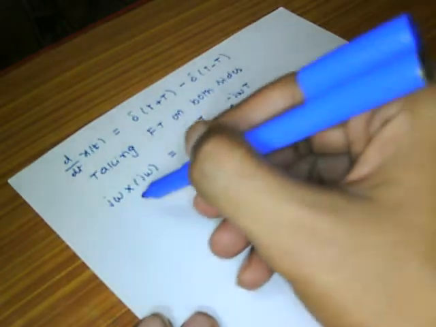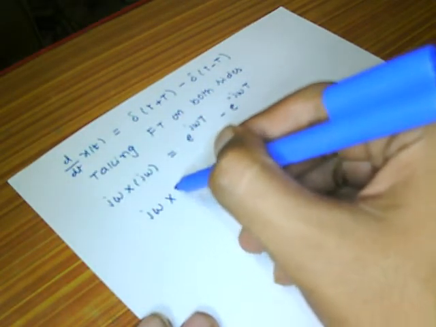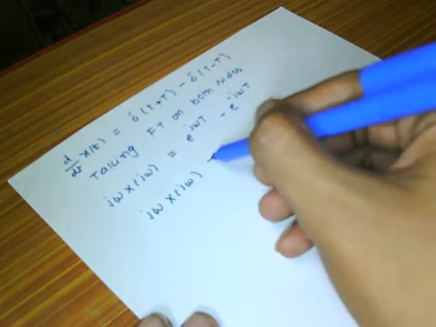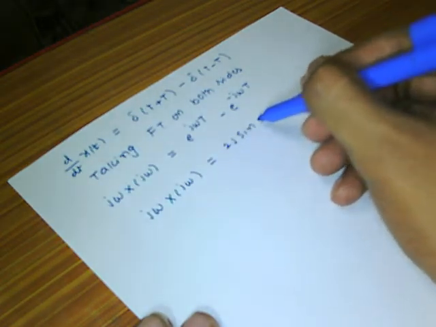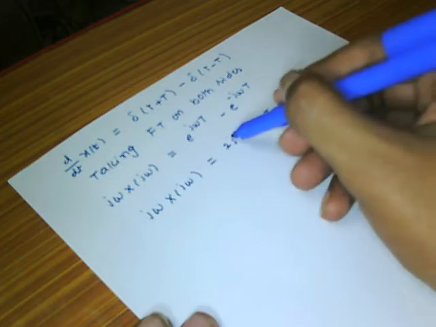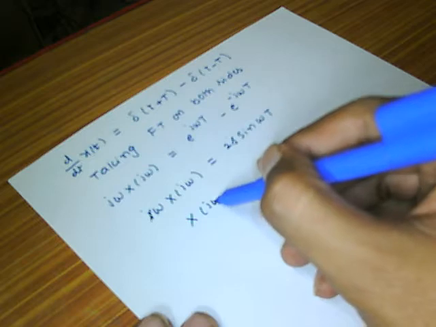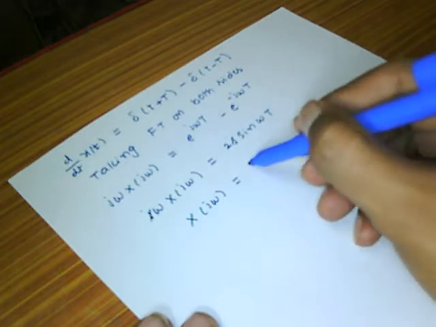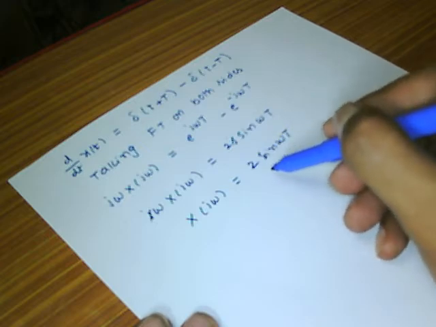Let us simplify this. This will be equal to 2j into sine omega T. So j will get cancelled out, and we get X of j omega to be equal to 2 sine omega T by omega.